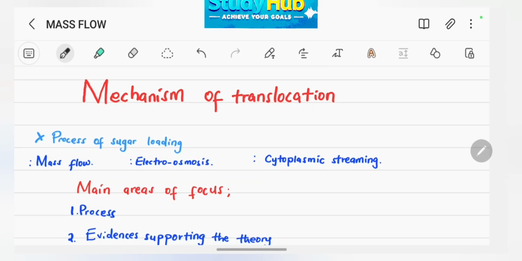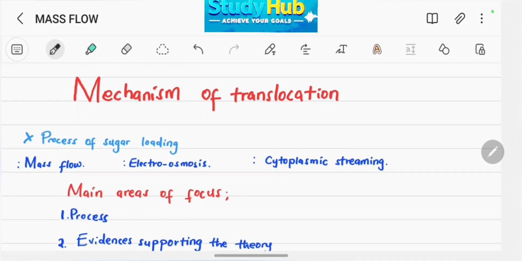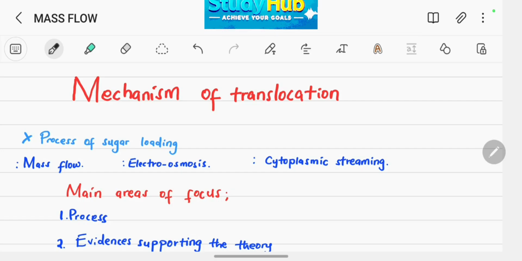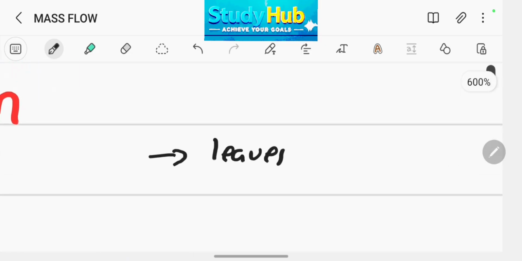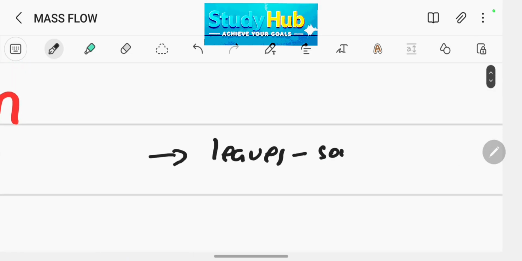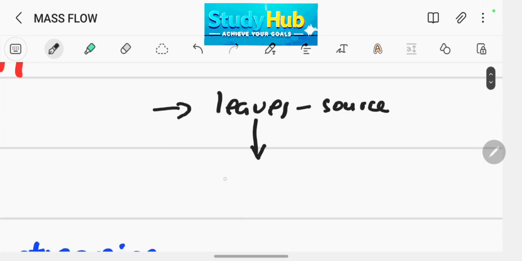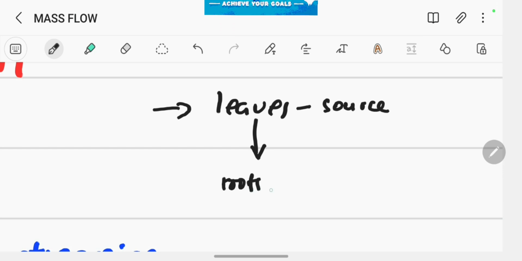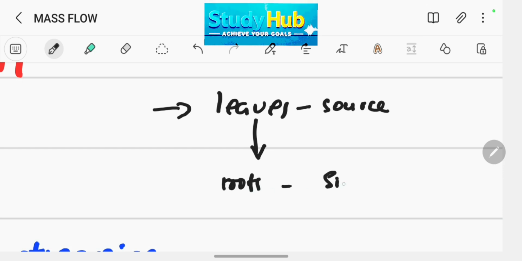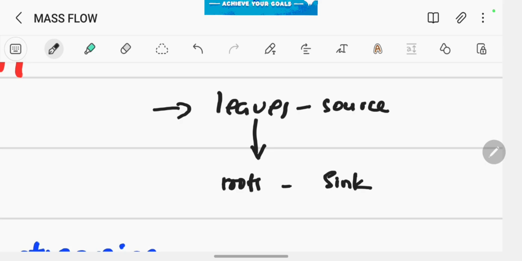We are going to look at how sucrose moves from leaves to the roots and from the roots to the leaves. So you will find out that our leaves are going to be the source, and the roots are going to be the sink, like that.